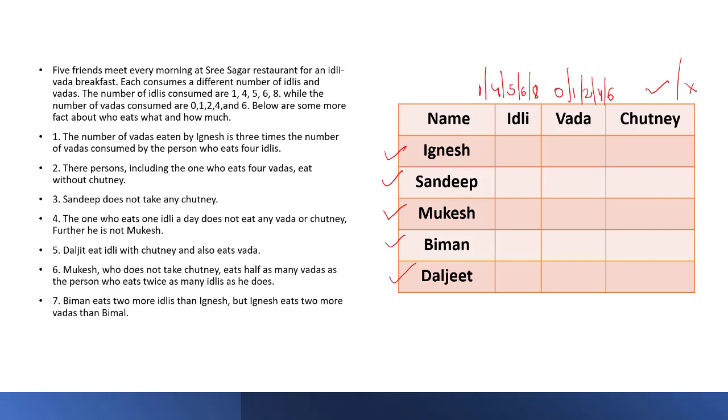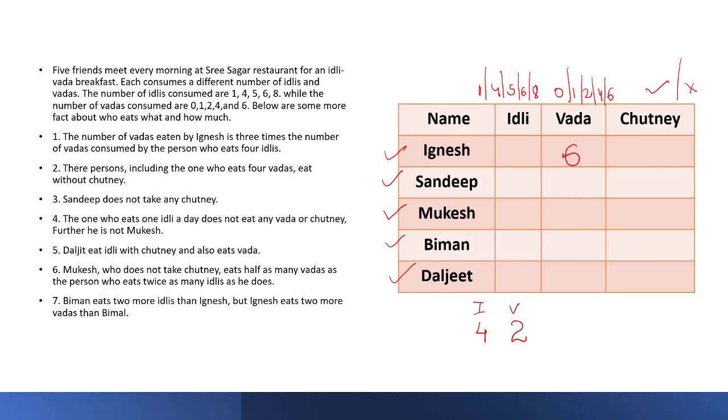That means the number of vadas eaten by Ignesh is 6. This is thrice the number of vadas consumed by the person who eats 4 idlis. So there is a person who is eating 2 vadas, and the same person is eating 4 idlis.